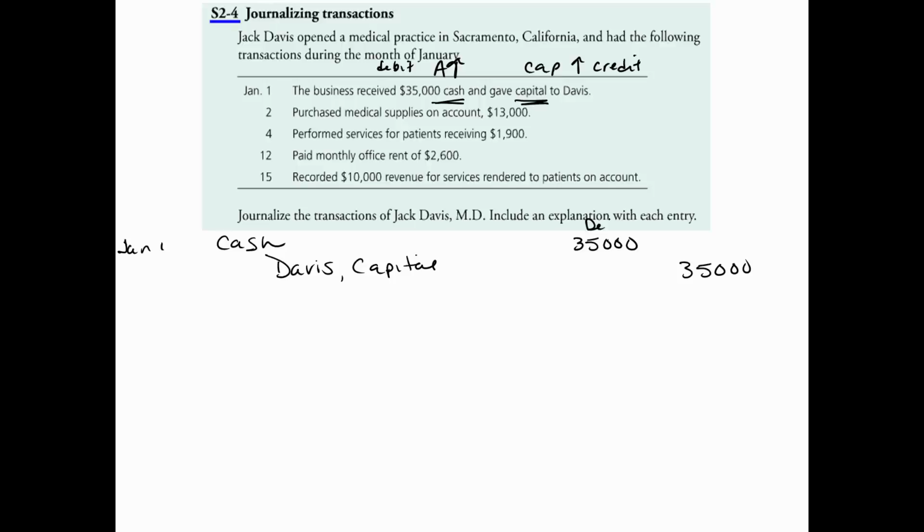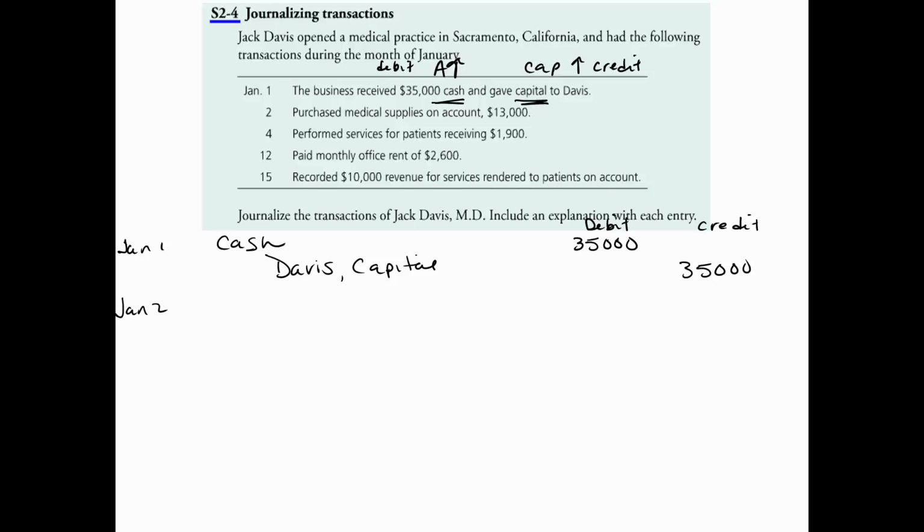So this is my debit column, and this is my credit column. On a real journal, it would look a little bit better, but you get the idea there. And so there's my first transaction. And then you would put an explanation. They want you to include an explanation with each entry when you're doing it on MyLab, and it'll just say like owner contribution or something like that.